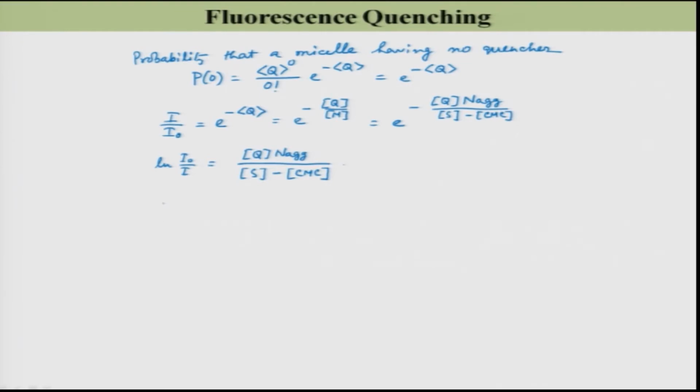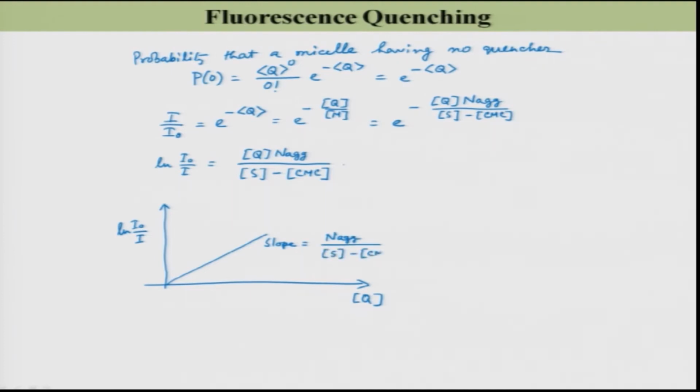Now, I can make a plot easily. I will plot ln I 0 by I, these are measured quantities, right. I 0 is the fluorescence intensity without quencher and I is with quencher. So, I plot ln I 0 by I versus q. Then this should be a straight line passing through the origin and the slope would be N aggregation divided by the concentration of the surfactant minus the CMC value.